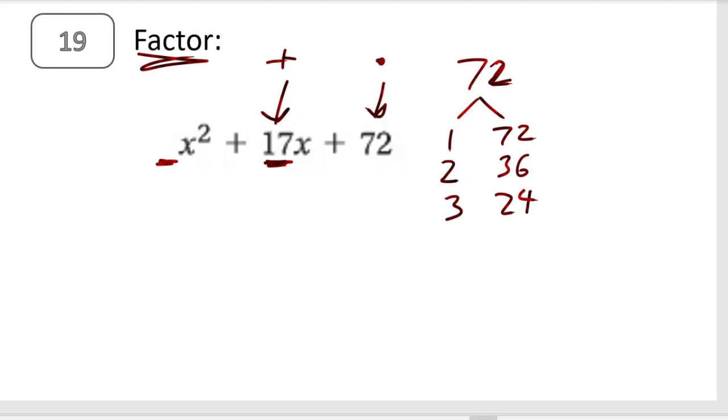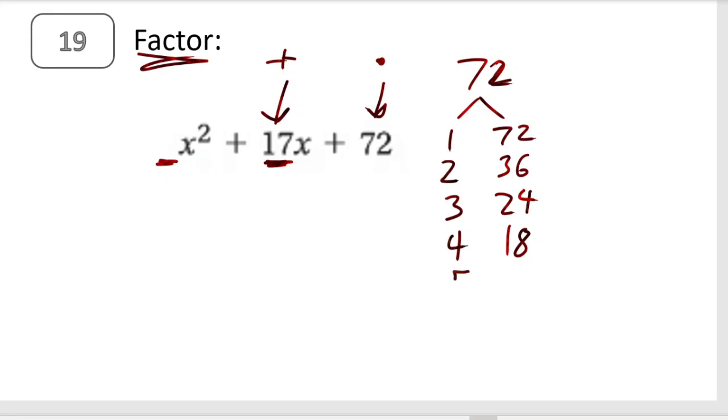Still too high. Let's try 4. And since we already cut it in half once, if we cut it in half again, the answer will be whatever 72 divided by 4 is. So 36 cut in half should give us 18, getting closer, but still way too high.